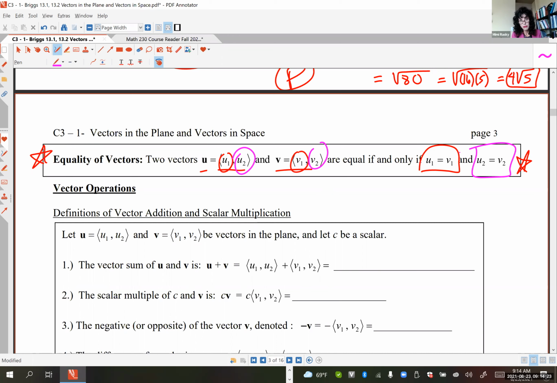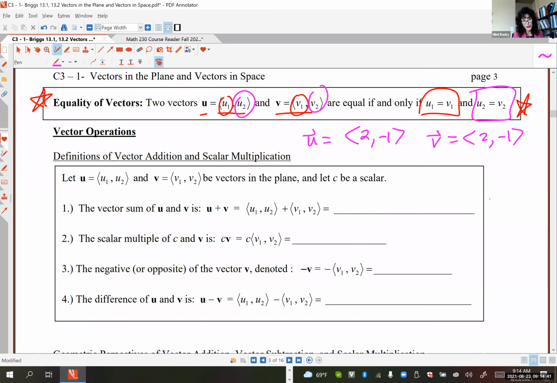Now, again, this seems like, well, of course. If you had a vector U with components 2, -1, and another vector V with components 2, -1, the scalar components match, so these vectors are equal. That's why it seems really obvious. So how is that helpful? Don't worry, it's going to rescue us later.